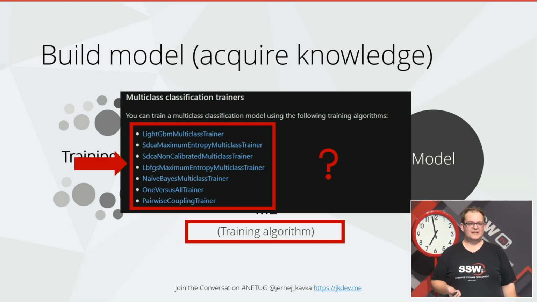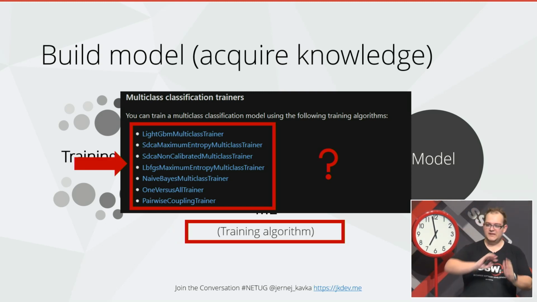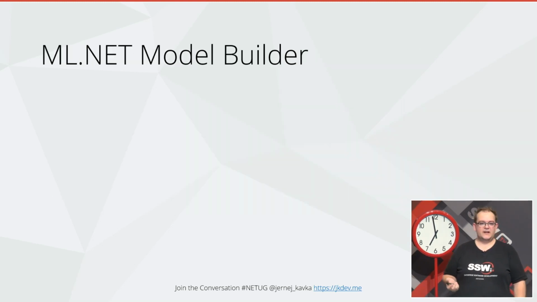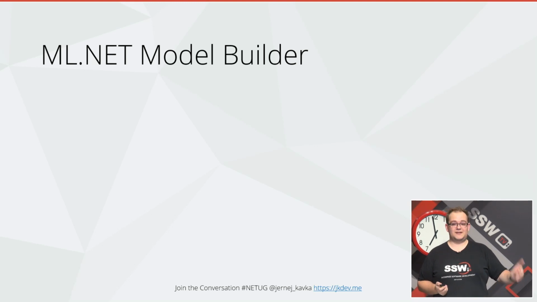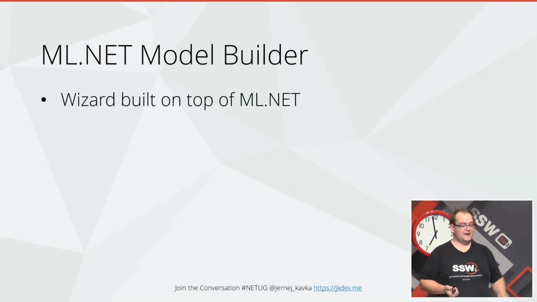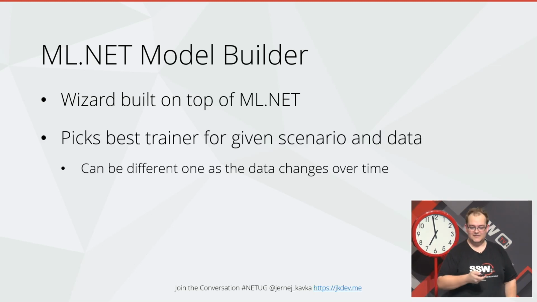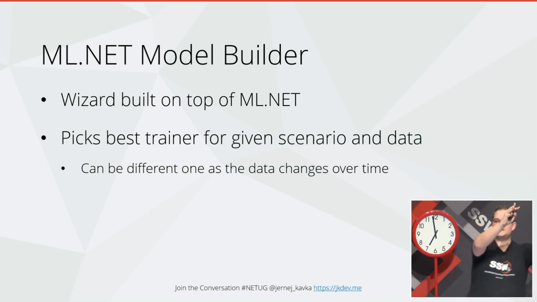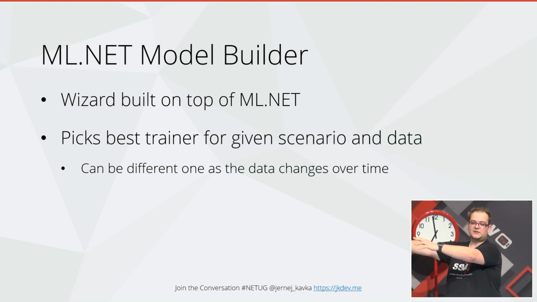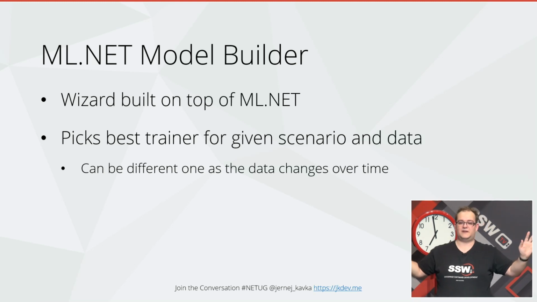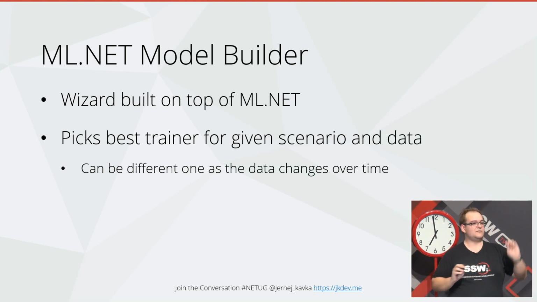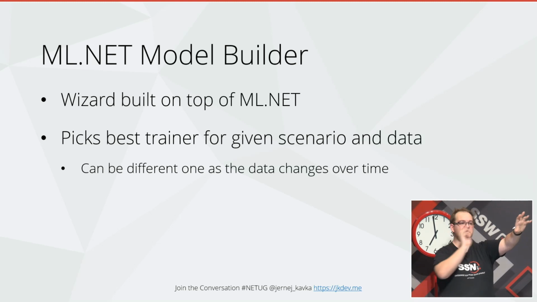So what if we even remove that variable? And we start using ML.NET Model Builder. This is just a wizard on top of ML.NET. What it allows you to do is, you have the data here, and let's just put it into Visual Studio and let it figure out everything. I have this scenario, figure it out.